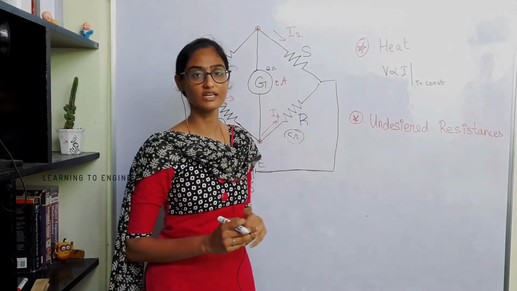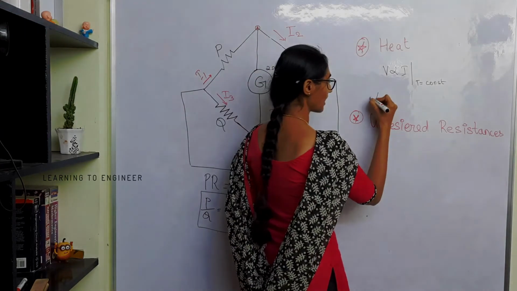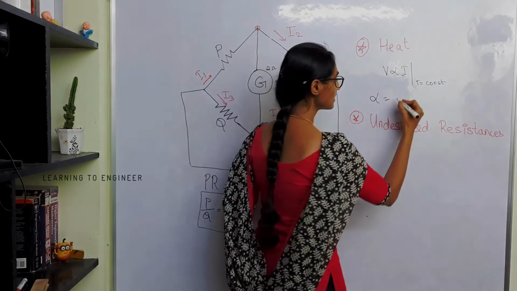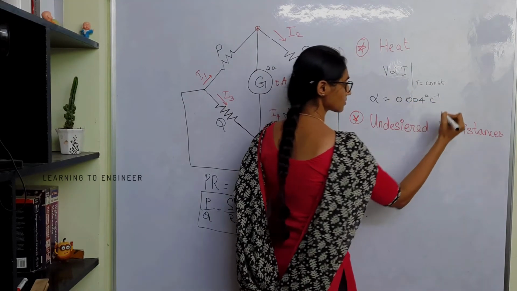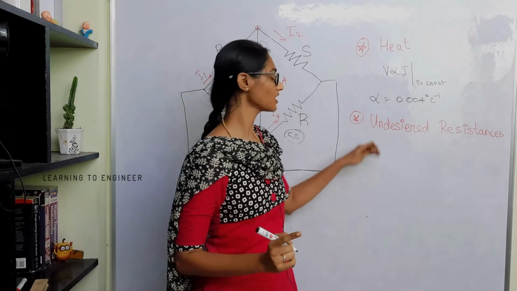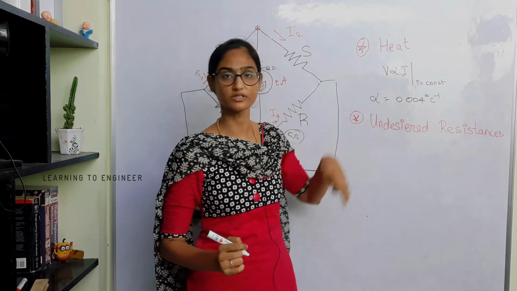Coming back to the heating effects, you all know that for copper the alpha value, or the temperature coefficient of resistance, is 0.004 per degree Celsius. So this means that for 1 degree Celsius rise in temperature, the resistance increases by 0.4%.